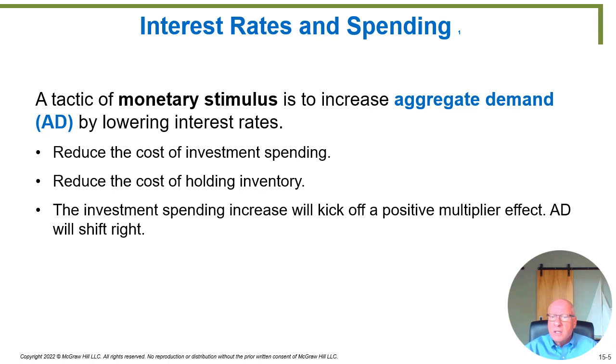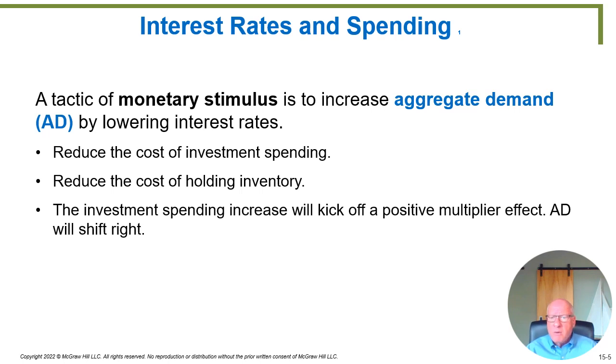So clearly, the lower the interest rate, the more likely you as a business person would go out to make an investment in your equipment. Okay, so that's just the basic idea: if interest rates go down, business people will invest more. And then, of course, the cost of holding inventory goes down.